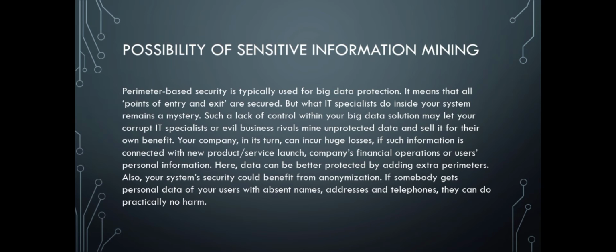Even if it's your own employee, a trusted someone, or an IT specialist, adding extra parameters and knowledge can prevent huge losses and may prevent unwanted damage to your company or to your own system.